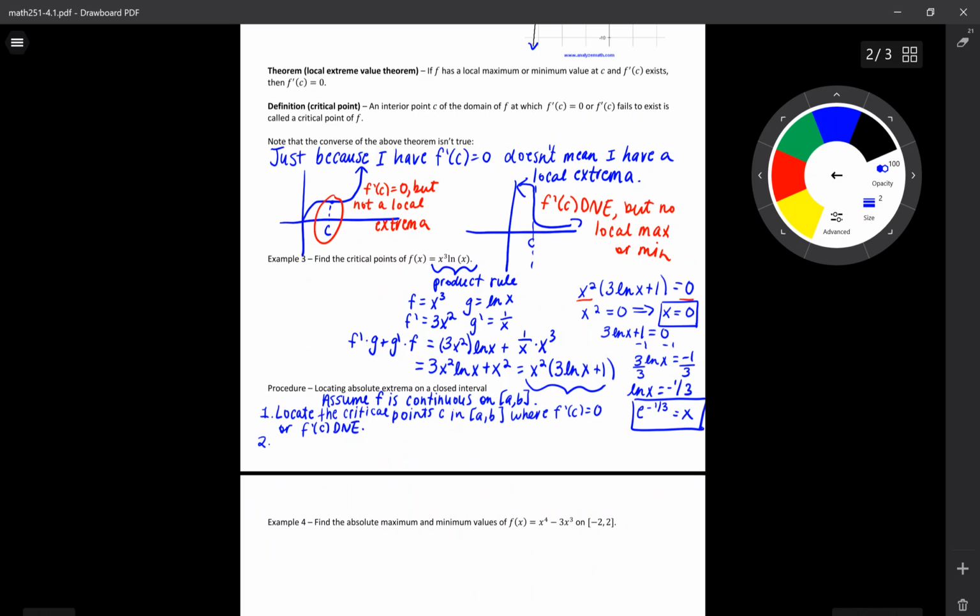Then I evaluate f at these critical points and at the endpoints A and B. And then finally, I choose the largest and the smallest values of f from step 2 for the absolute maxima and minima.